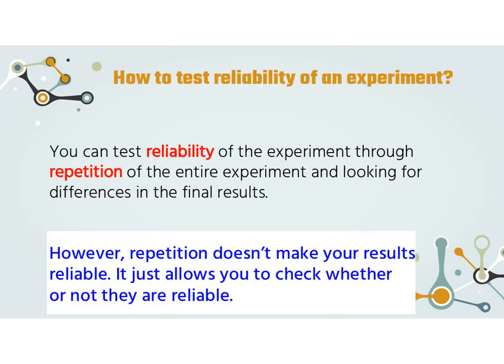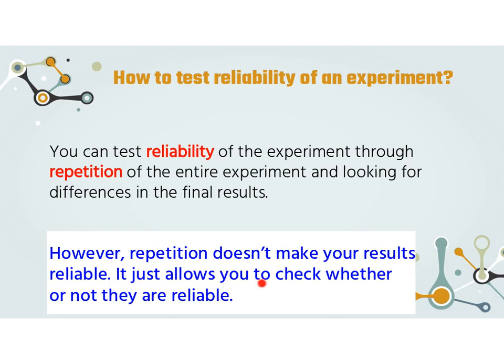So, you can test reliability of the experiments through repetition of the entire experiment and looking for differences in the final results. The more similar repeated measurements are, the more reliable the results. However, repetition doesn't make your result reliable.